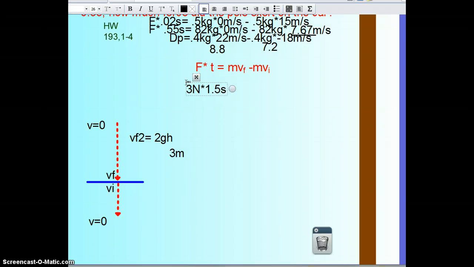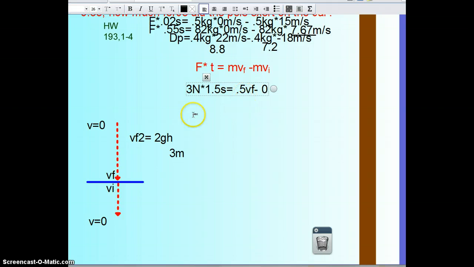1.5 seconds, is equal to a mass of 0.5 times VF, minus, initially at rest, I'm just putting a 0, I'm taking a shortcut. So then when you multiply this stuff out, you end up with 4.5 here and a half.